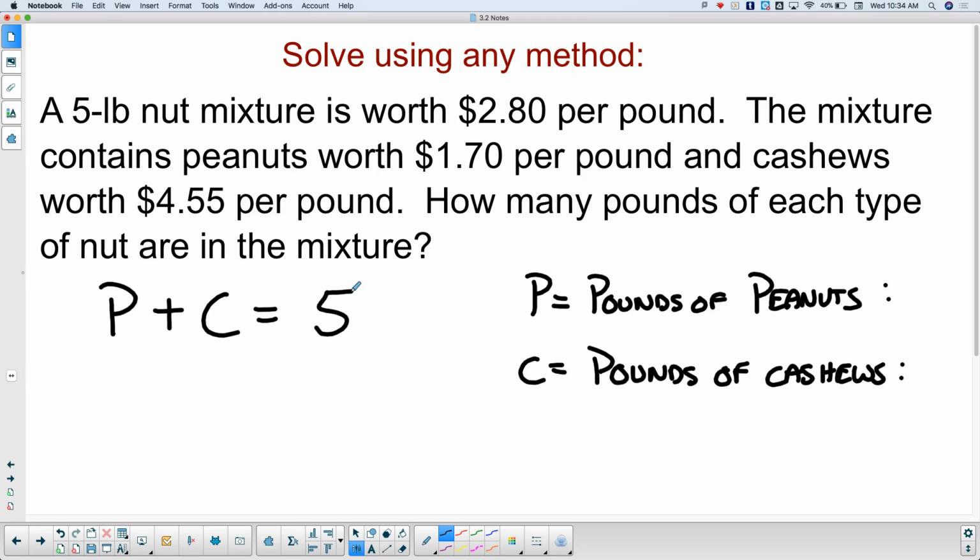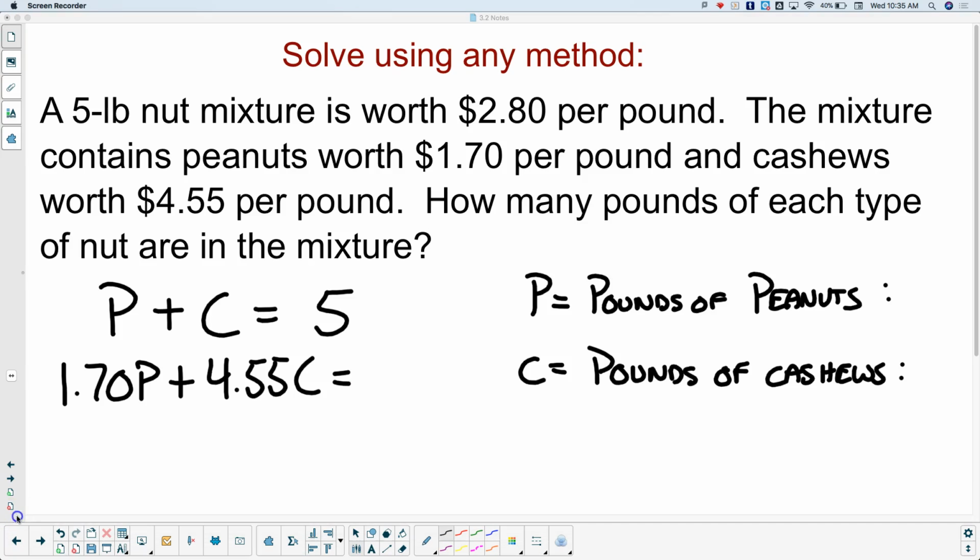Okay, because I got 5 pounds of mixture, right? Okay. What was your equation again? Okay, I like that part. Is the mixture selling at $2.80? And we're back.